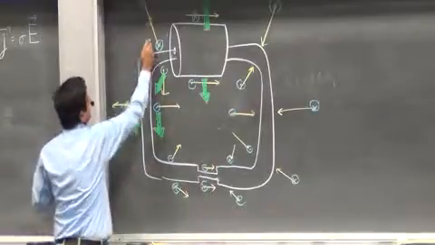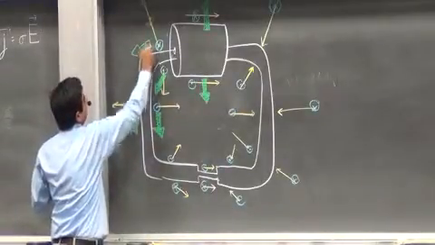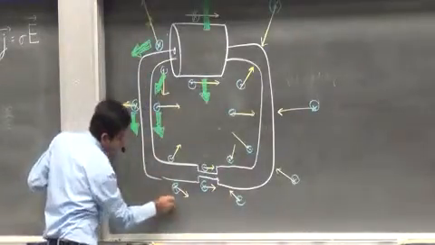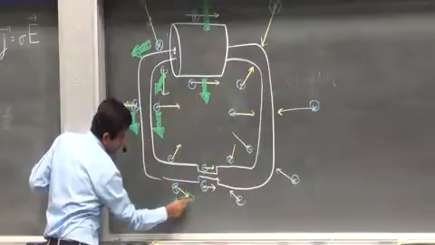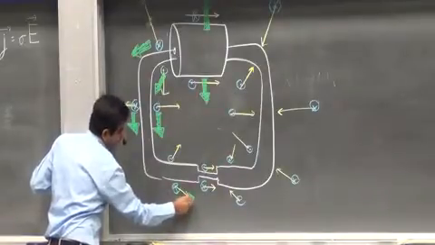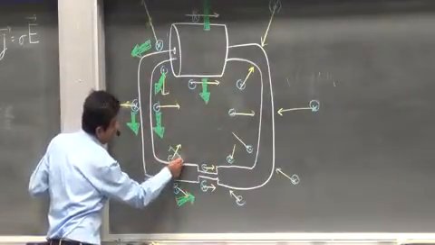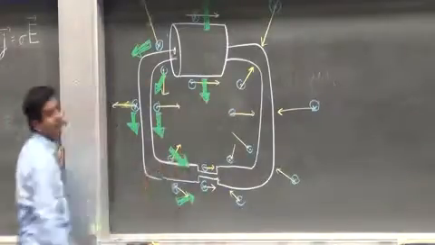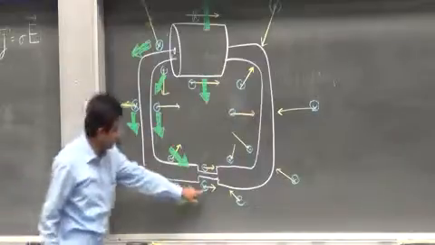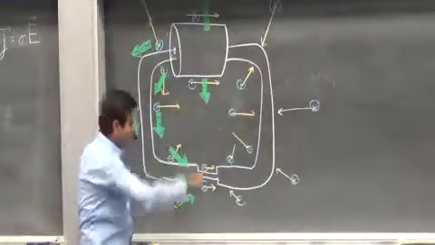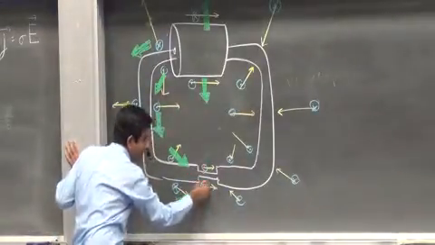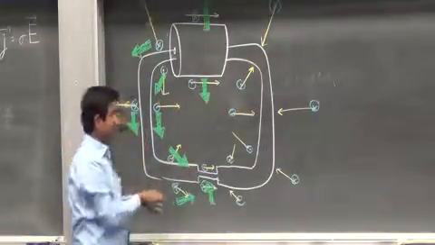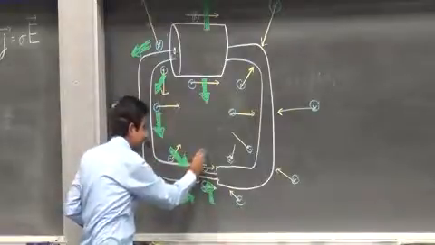Here, it's going to be in this direction. Here, E crossed with B in this direction. Let's see what happens here. E crossed with B towards the resistor. Here, E crossed with B once again towards the resistor.